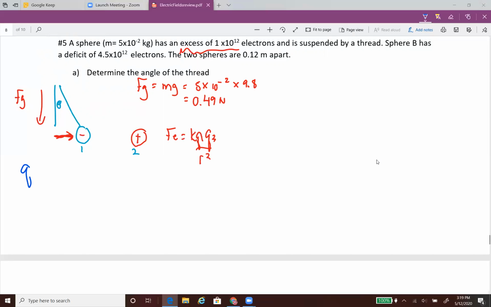So the charge would be the number of electrons times the elementary charge. That's 1 times 10 to the 12 times the elementary charge, which is about 1.67 times 10 to the negative 19. I'm just going to round it off to about 1.7 times 10 to the minus 7.